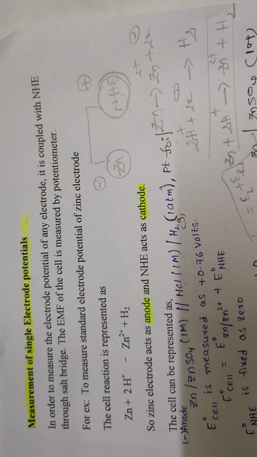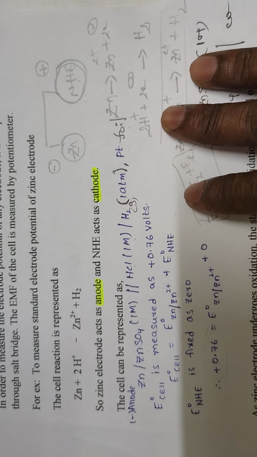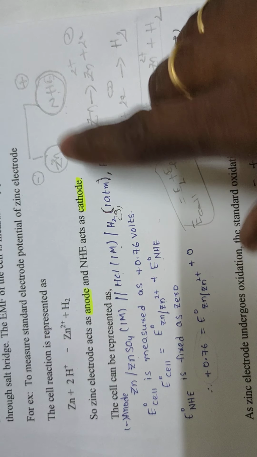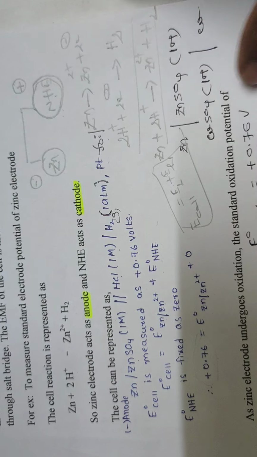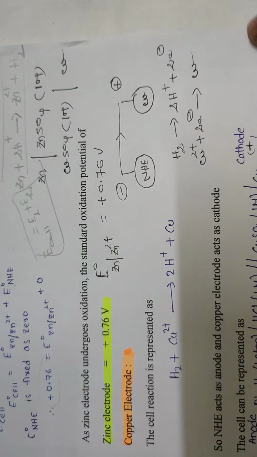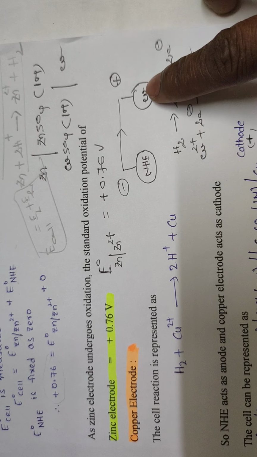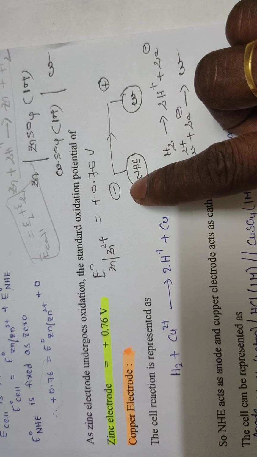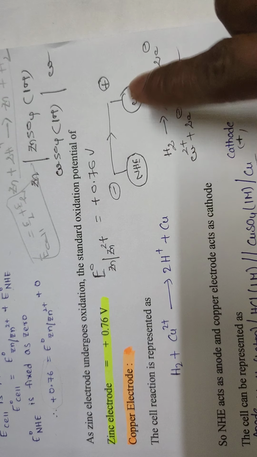Always the reference electrode should change its behavior with the connected electrode. That is why while finding the single electrode potential of zinc, which undergoes oxidation, the normal hydrogen electrode undergoes reduction. While finding it for copper, because copper undergoes reduction, the normal hydrogen electrode undergoes oxidation. That is why it acts as anode and it acts as cathode.